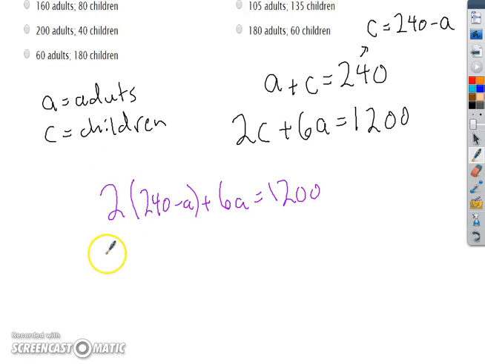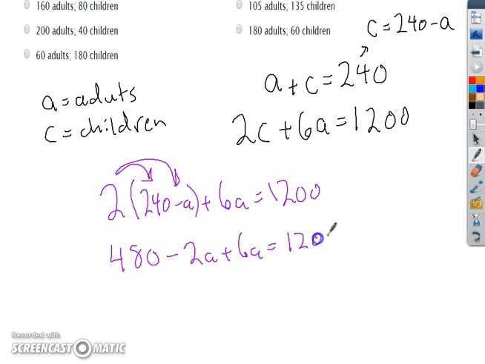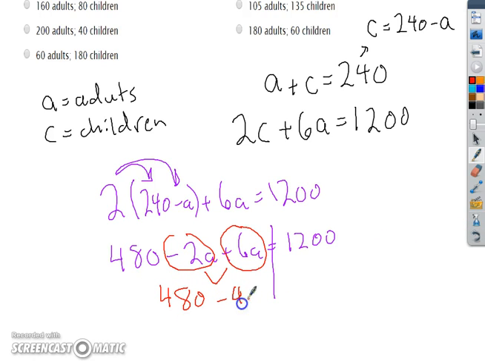So 2 times 240 is 480 minus 2 times A is 2A plus 6A equals $1,200. Okay, so first I distributed, now I add my like terms. 6 here, minus 2 there. 6 minus 2 makes 4. So I have 480 minus 4A.